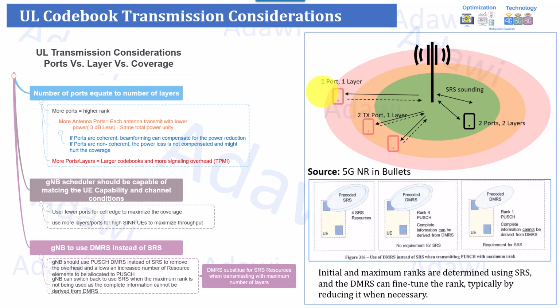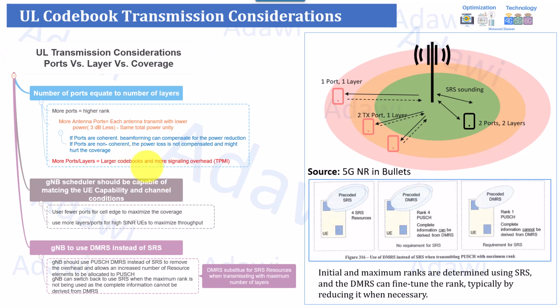If you increase the number of ports, you will have less power per port, and at the same time the UE itself does not support antenna coherency, so this will impact the coverage for this particular user. So again, as we highlighted before, more ports and layers means a larger codebook, which means you have more flexibility for the gNB to select more TPMI reports, so it can increase the flexibility and improve the beamforming.